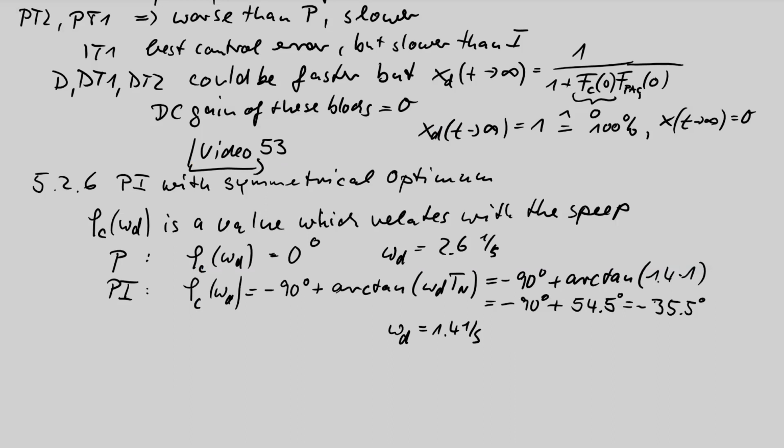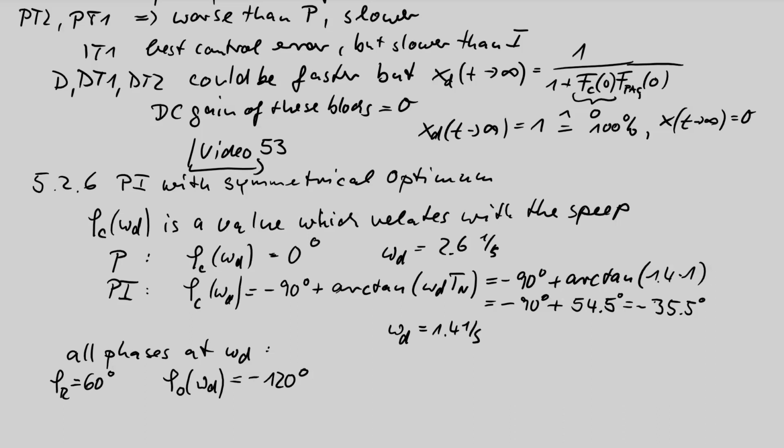Let's look for the phase values at omega d. All phases at omega d. We have first the open loop phase at omega d, which is minus 120, caused by phase margin is 60.